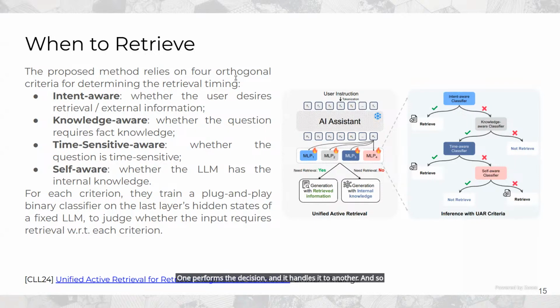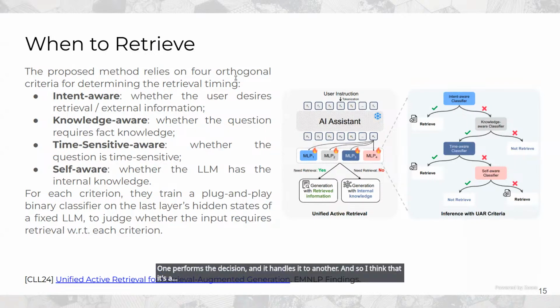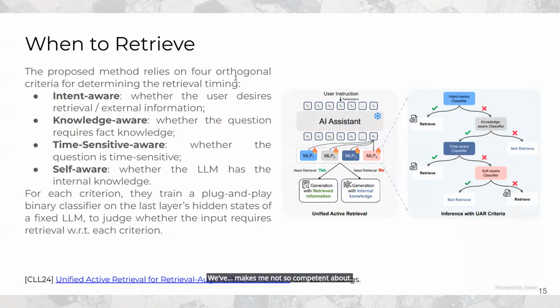I think that creates a bit of a conflict, which made me not so confident that the four MLPs are actually, but I suddenly found that the colors correspond. Yeah.